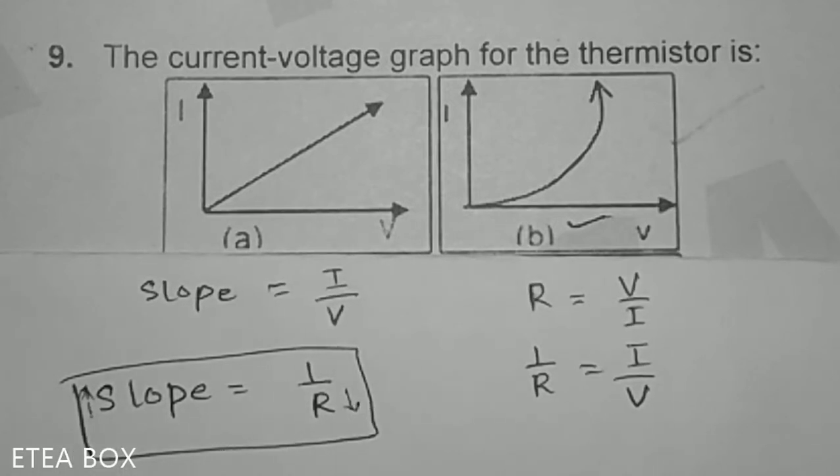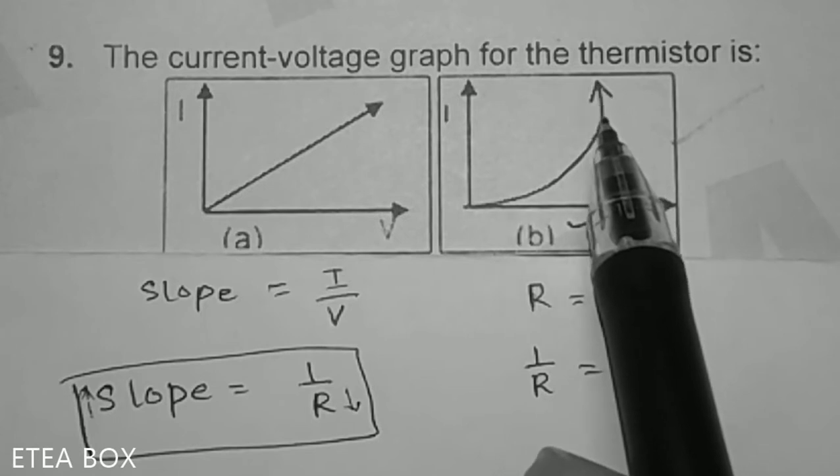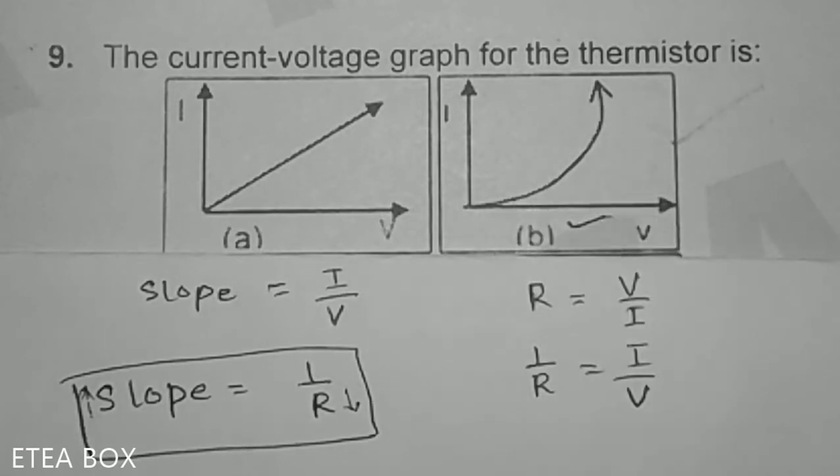The slope is increasing and the resistance in this case decreases. This is the graph for thermistor.